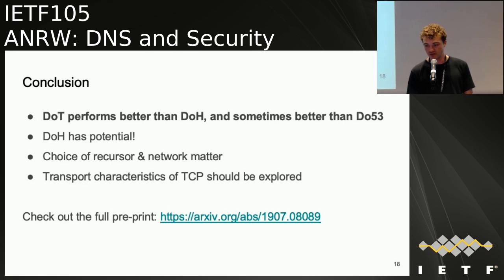So in conclusion, we seem to see that DOT performs better than DO on average, and even sometimes better than DO53. But nonetheless, DO has potential. Again, as I previously discussed, with potential improvements like server push, DO could improve in performance quite significantly.